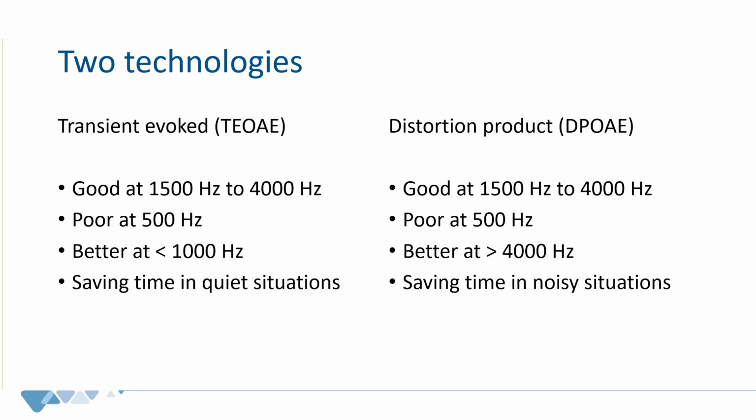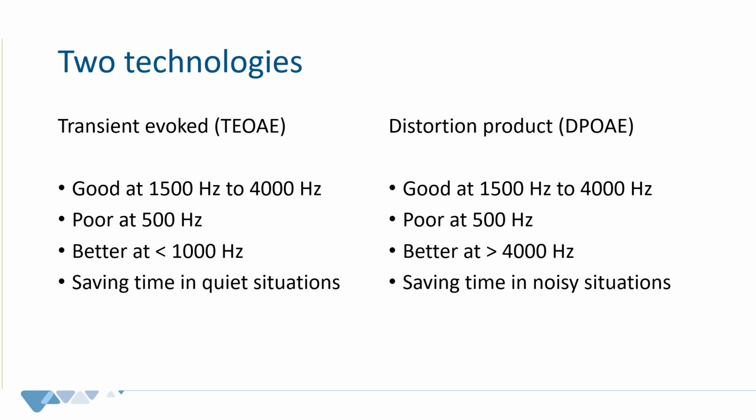Now we're going to simplify things a little bit again. They are both good at measuring in the middle range from 1500 Hertz to 4000 Hertz. They are both poor at measuring at lower frequencies. The technology is slightly different, so the reason is slightly different, but it doesn't really matter. We don't measure the lowest frequencies.